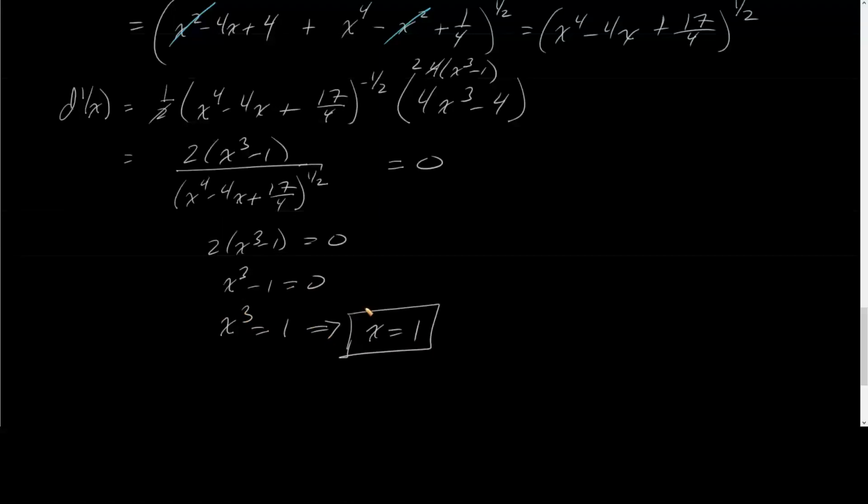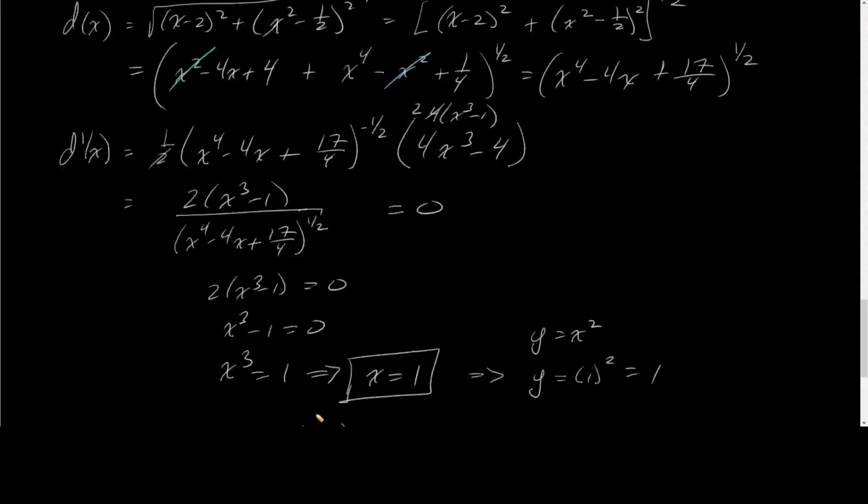So now we've got the value of x, all right? And now that we've got the value of x, we can figure out the y value, since we know that y is equal to x squared. So in this case, I end up with y is equal to 1 squared, which is 1. So what did that tell us? What we just found is that the closest point is (1, 1).